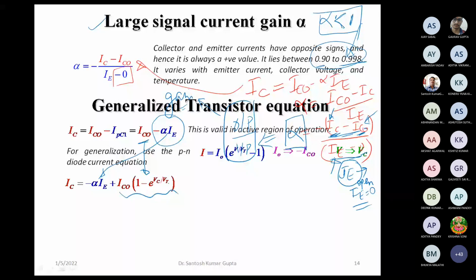So the reverse biasing voltage across the collector junction, if it is VC, we can exploit this and write this. VC is negative here.